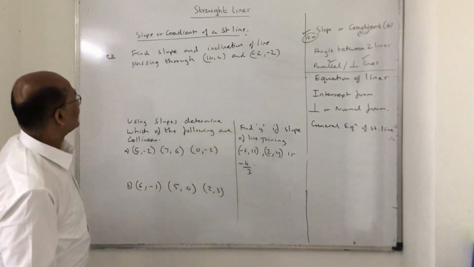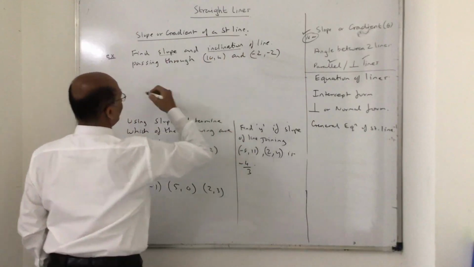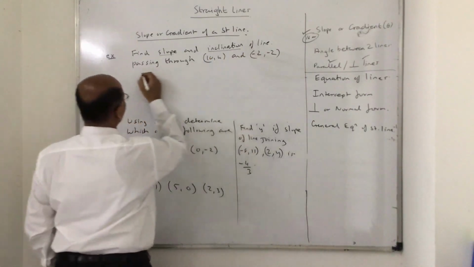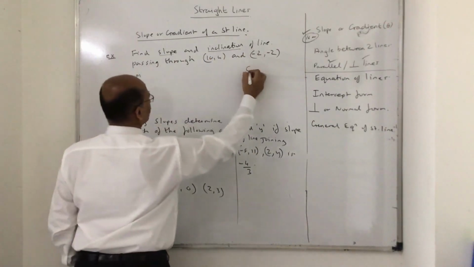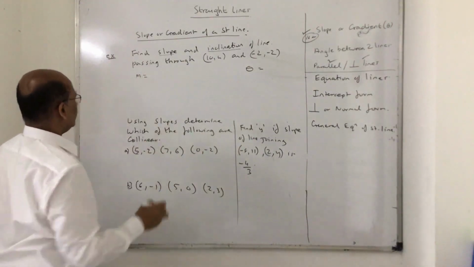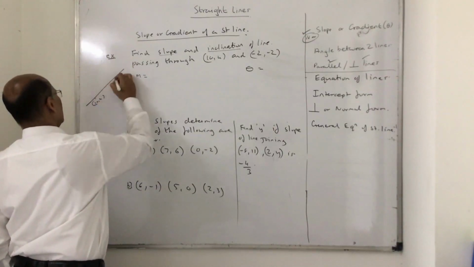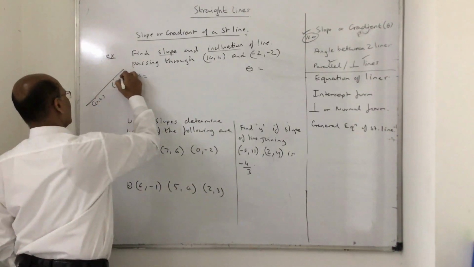Now in this case they are asking you to find the slope and inclination. Now what I mean by inclination: they are asking you m and they are asking you theta. Theta means inclination. So passing through, if this is the line, one of the points is 10 comma 4 and the next point is minus 2 comma minus 2.